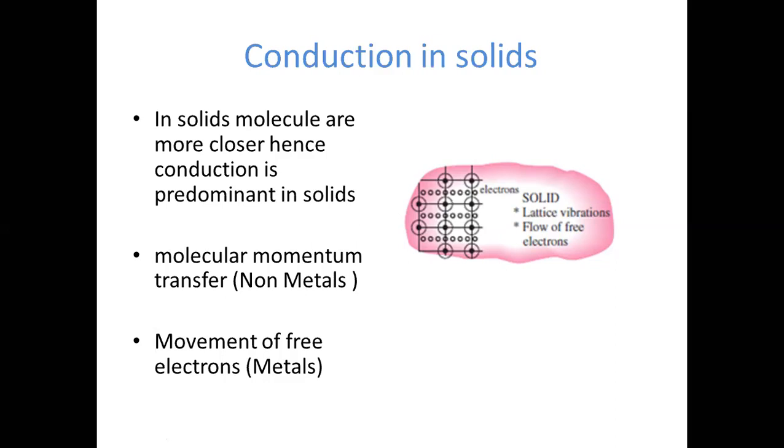Lattice vibration happens more predominantly in non-metals, and the movement of free electrons happens more predominantly in metals.